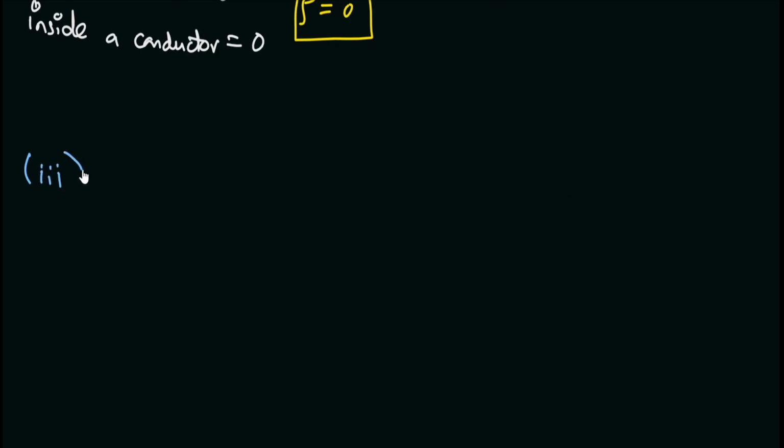Third property is that any net charge, that is, any charge that we provide or any leftover charge on the conductor, will reside on the surface of the conductor.